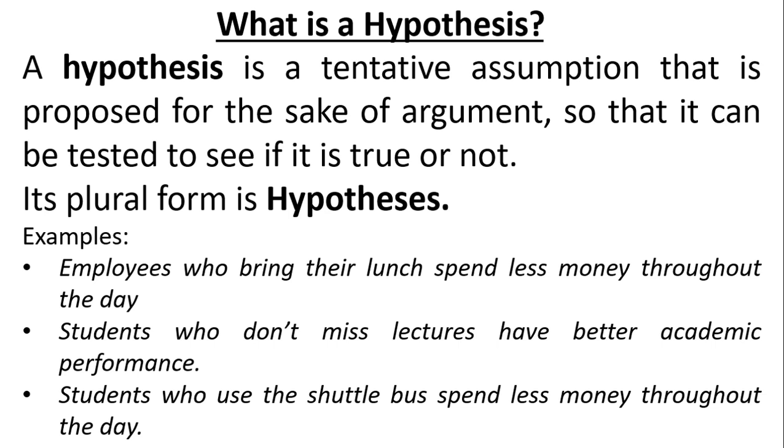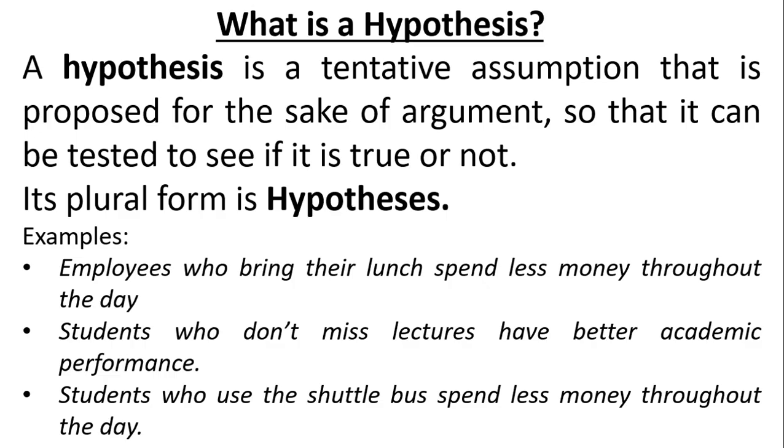It's a tentative assumption that is just being proposed for the sake of an argument, and the argument is putting the available resources or evidence about the assumption together, then analyzing it. The result at the end will either reject or accept. And the plural form of it is just changing the I to E.